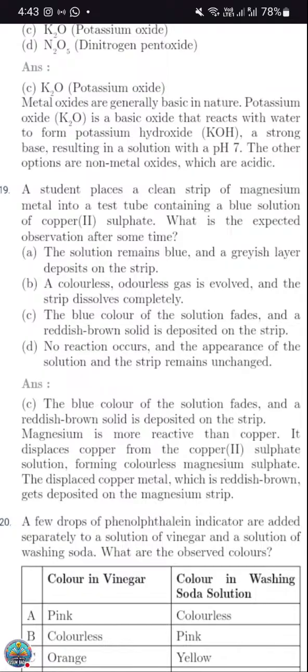So blue color of the copper sulfate solution will fade and it will turn to reddish brown due to formation of magnesium sulfate. And the next one, copper got separated from the solution by displacement reaction. So copper will deposit on the, okay, thank you.